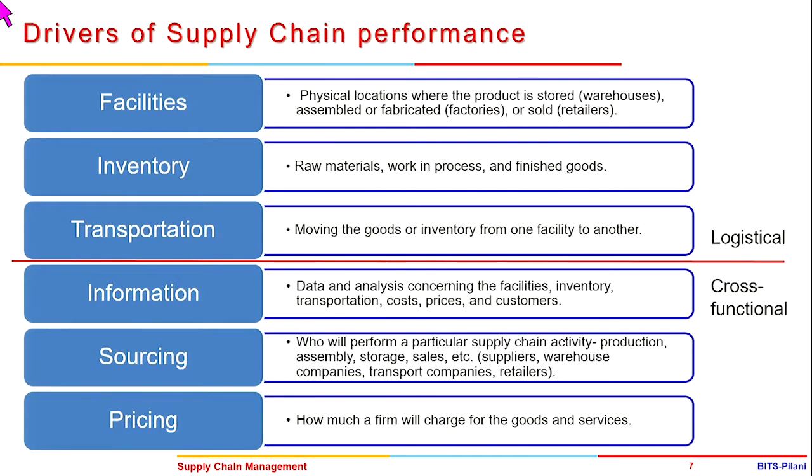What are those factors which drive the performance of supply chains? There are 6 major drivers of supply chain performance, which can be classified into 2 categories. First is logistical and second is cross-functional.